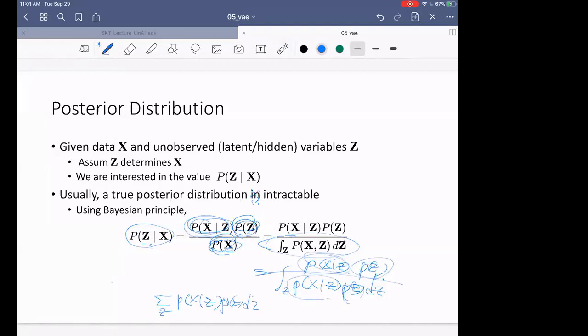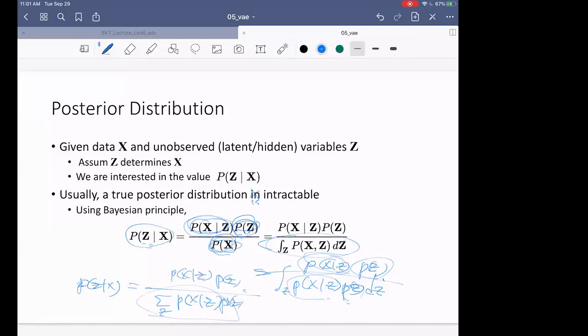So if z is a discrete variable and the dimensionality is really low, like it can take only 3 or 4 values, then you can safely calculate this. It's just a for loop for 3 or 4 values.